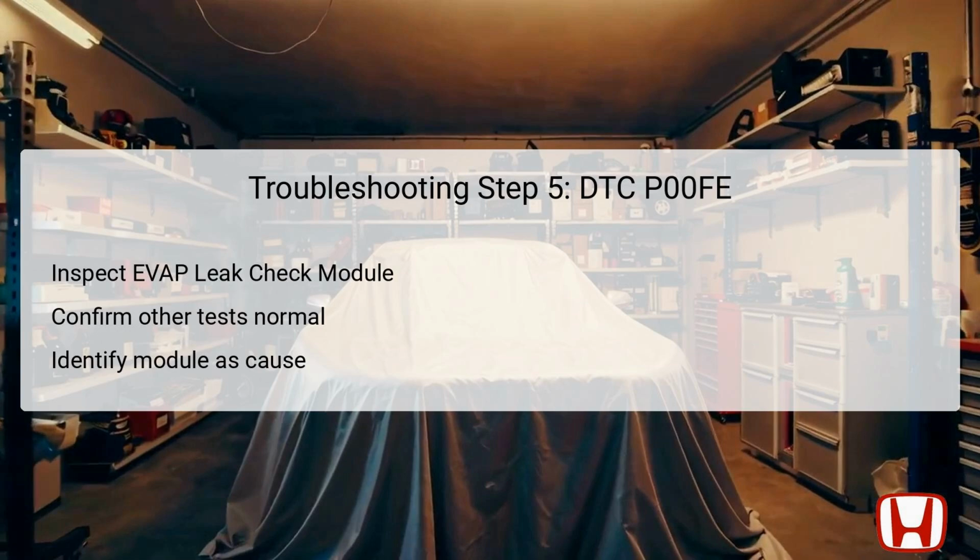This final troubleshooting step concerns the EVAP leak check module itself. If all previous components have shown normal conditions, there's a high probability that the EVAP leak check module is the underlying issue. It is essential to confirm that all other related tests yielded normal results, helping to narrow down the cause of the P00FE DTC.